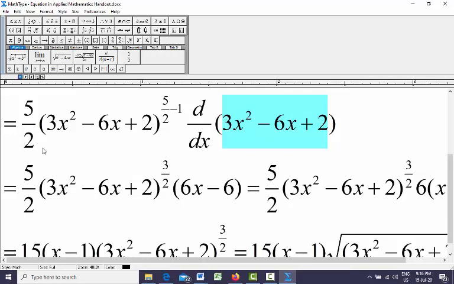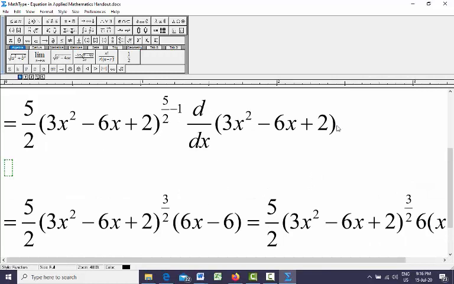Now as you can see 5/2 is there, and if you deduct 1 from 5/2, we will get 3/2. And if you do differentiation of this one, we will get 3 multiplied by 2x, so that means 6x. Let me write another step here so that you don't get confused.